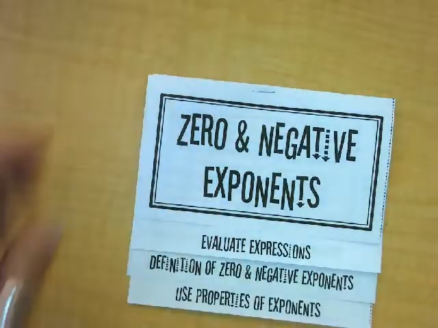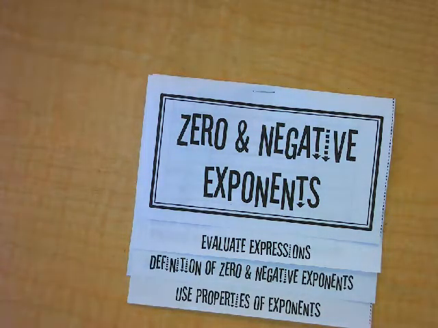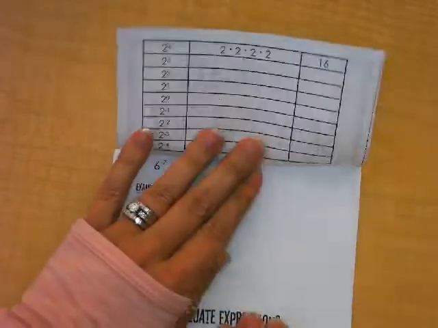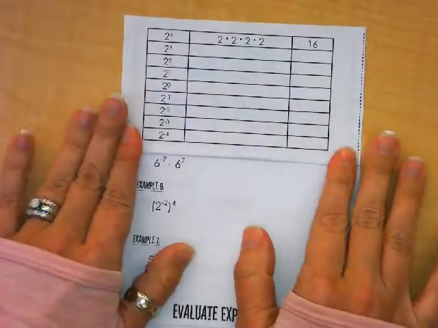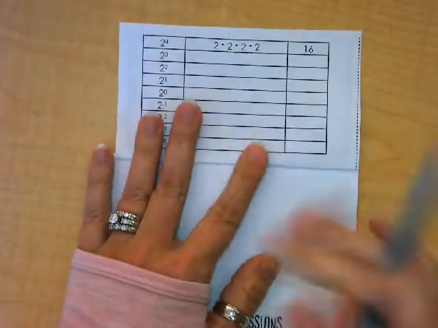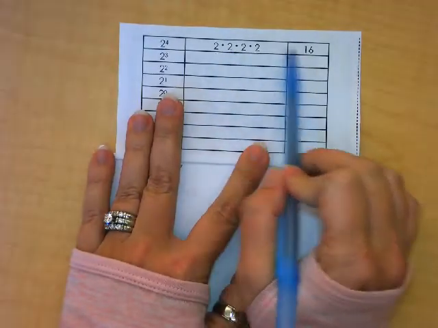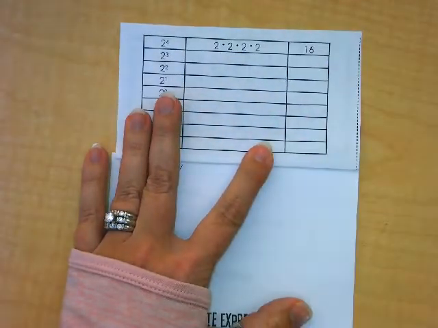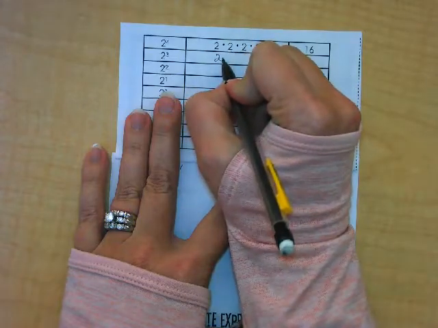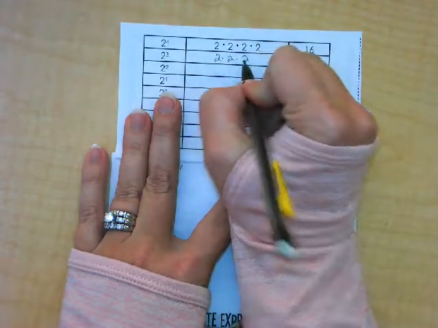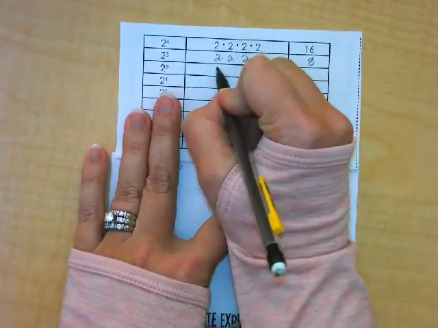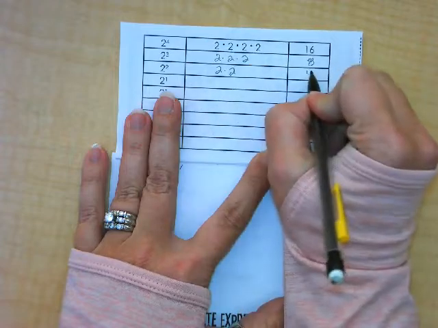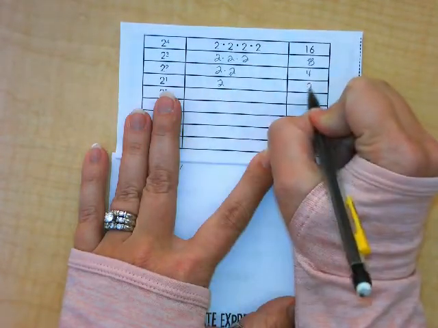at the top. So when we talk about negative and zero exponents with this handy dandy table, we know that 2 to the 4th is 2 times 2 times 2 times 2, which is 16. 2 to the 3rd, 2 times 2 times 2, so 4 times 2 is 8. 2 to the 2nd is 2 times 2, which is 4. 2 to the 1st is 2.